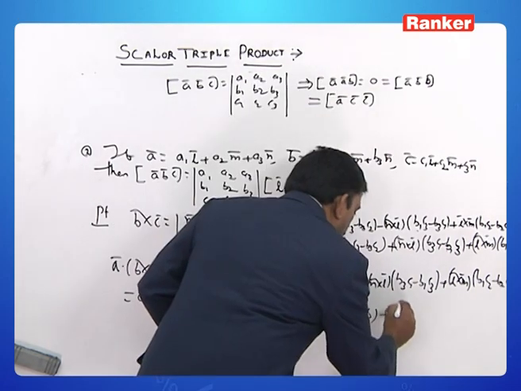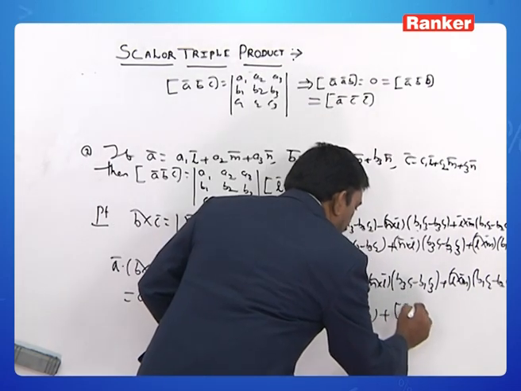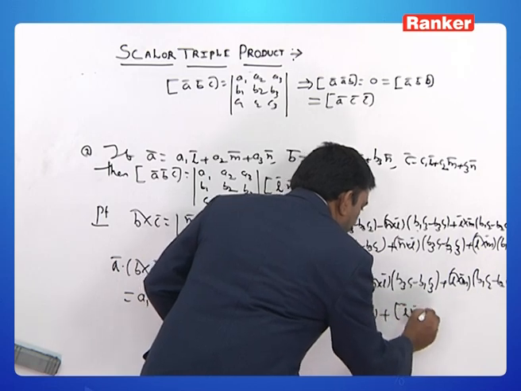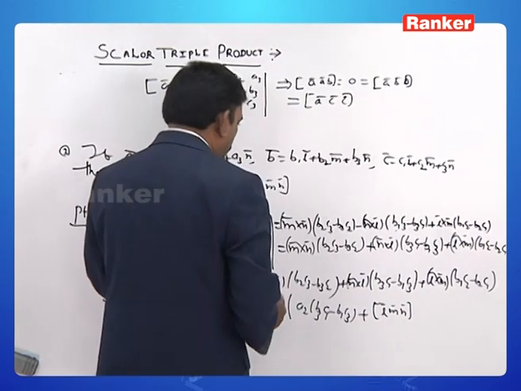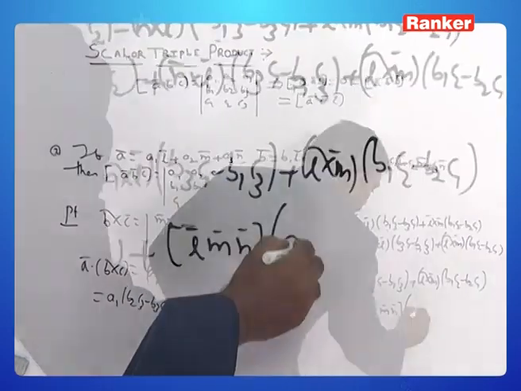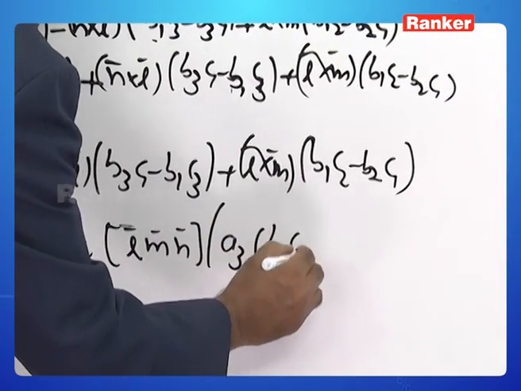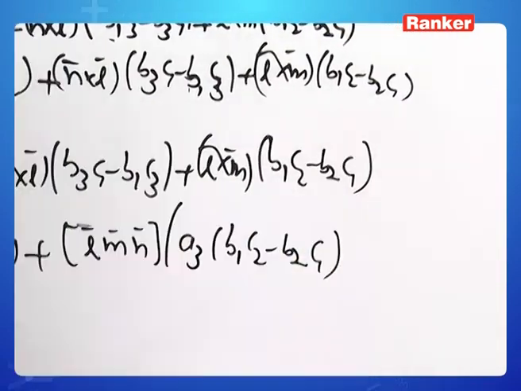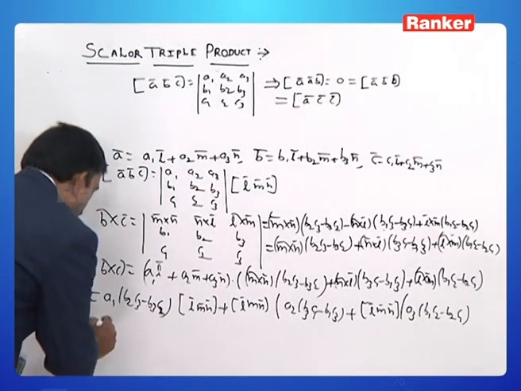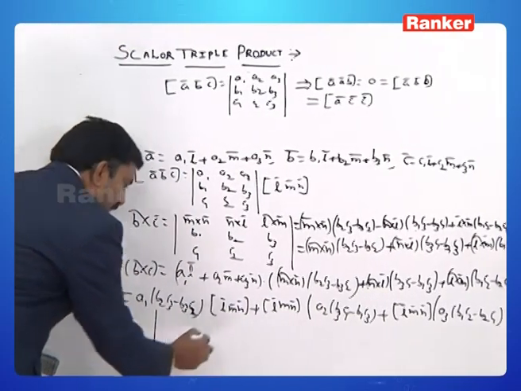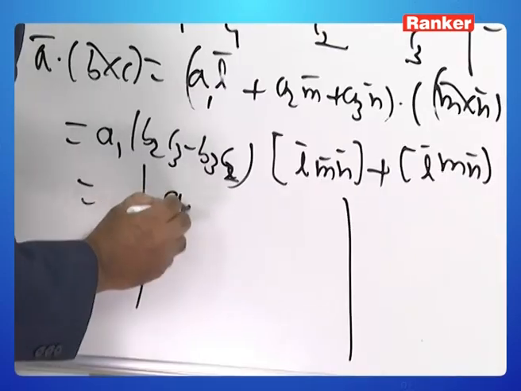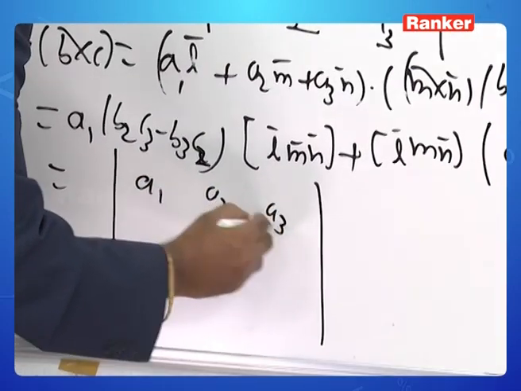I can write box of L bar, M bar, N bar into A3 into B1C2 minus B2C1. So therefore, I can write this is same as the determinant A1, A2, A3.